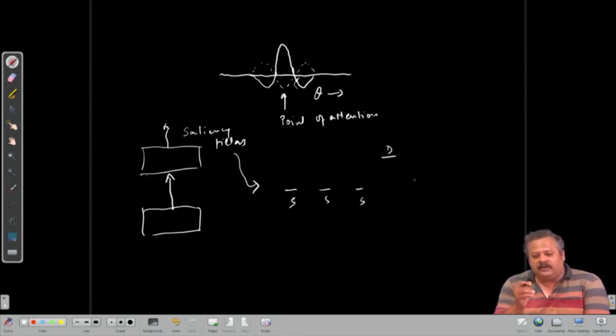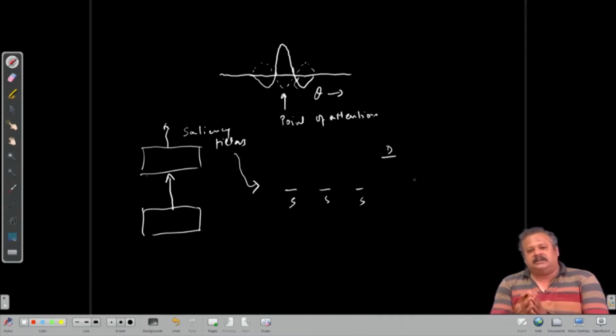But all of a sudden, when the deviant comes, it captures our attention, at least momentarily. That is based on the stimulus properties itself, so it does not depend so much on our volitional control of paying attention to one particular thing.